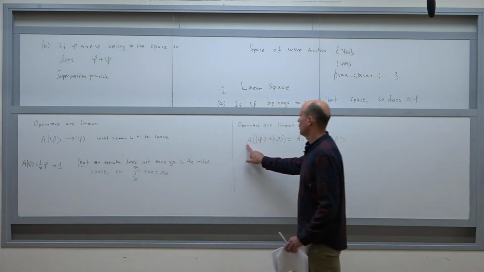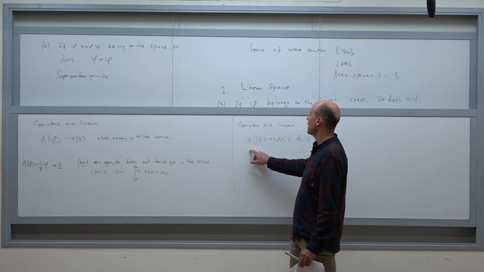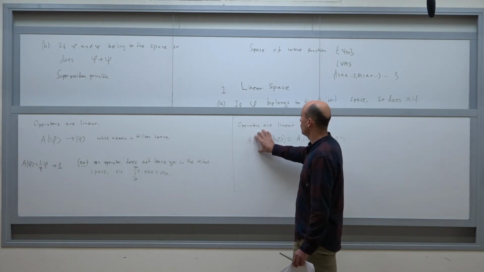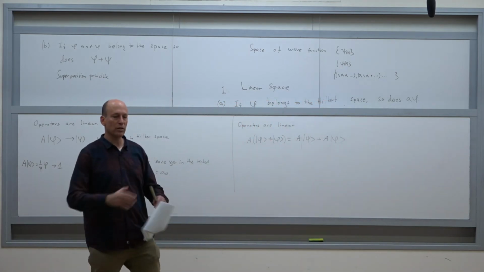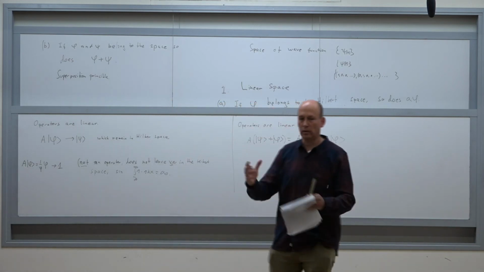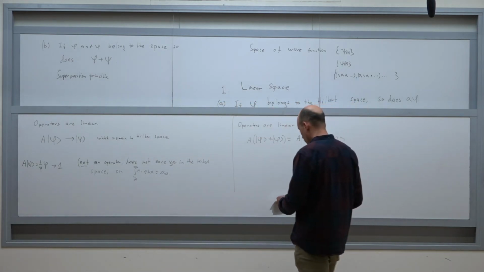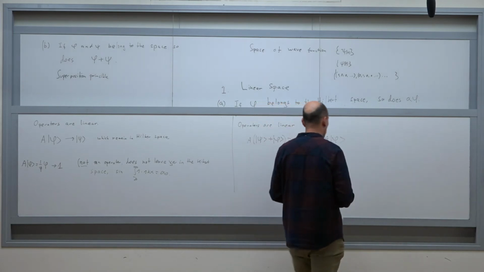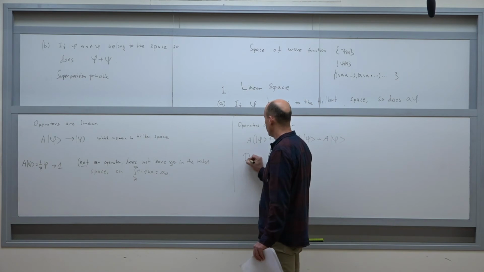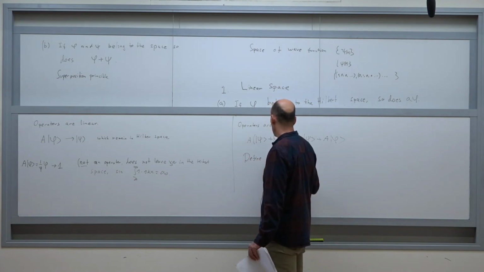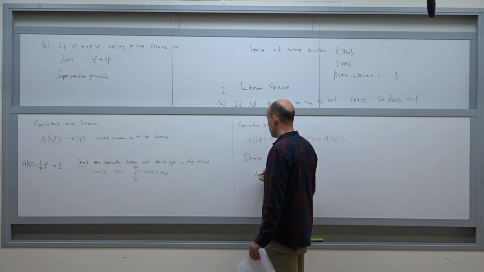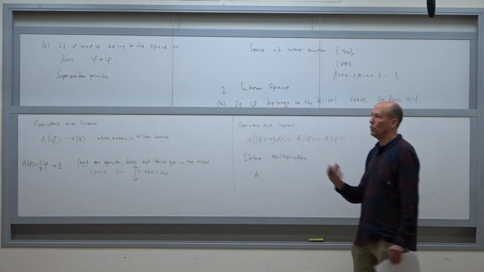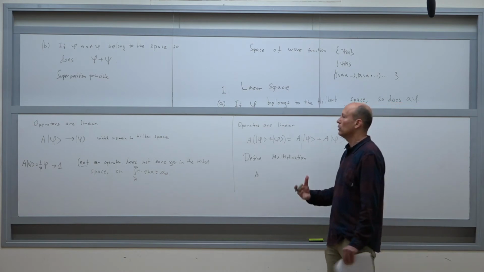And you know this already. You know because, for example, momentum is minus i h bar d over dx. Okay, then you act on one function, then you act on the other function. Again, this is formalism. I'm just telling you what you know, but in a more general setting. We can define a multiplication of operators. So A, how do you define it? You define it by the multiplication of operators acting on a state function.